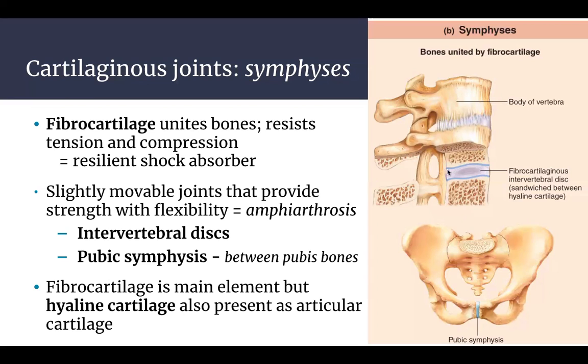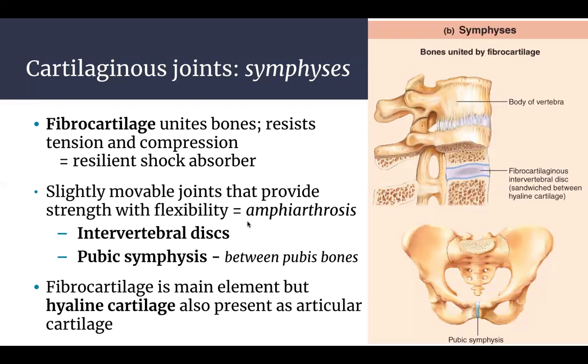There is also some hyaline cartilage that is abutting the surface of the bone, but it's the fibrocartilage that is doing the job as a shock absorber there. Obviously, a small amount of movement is possible at these joints, but not a massive amount, and that's where it gets that amphiarthrosis classification.